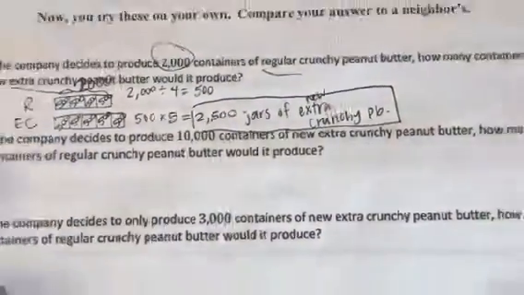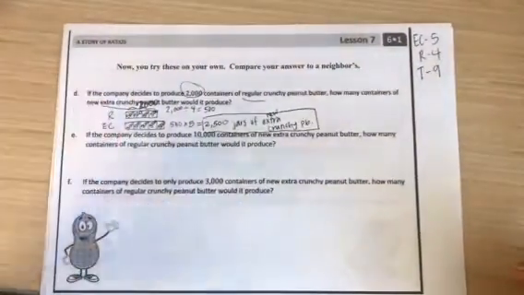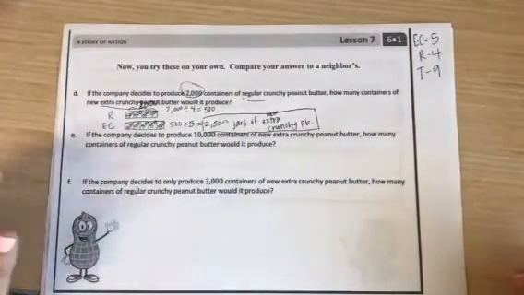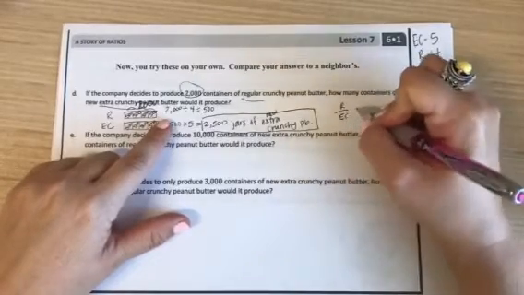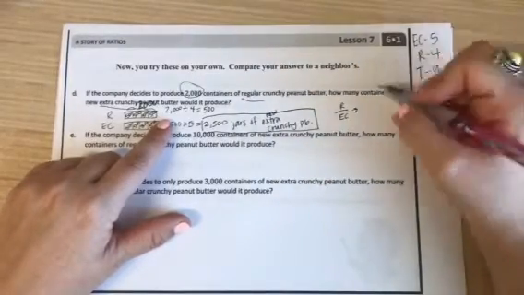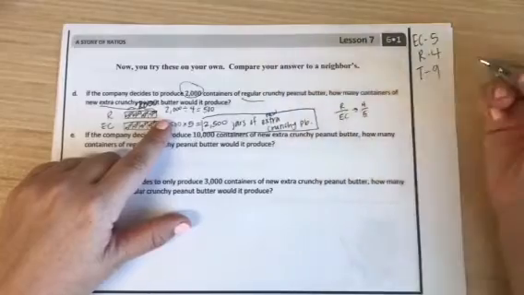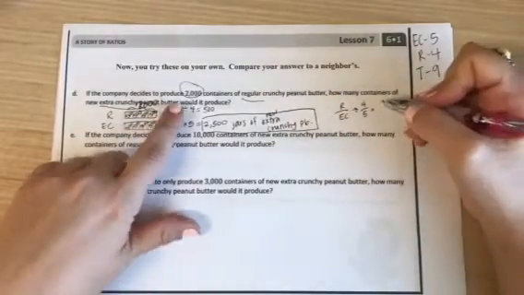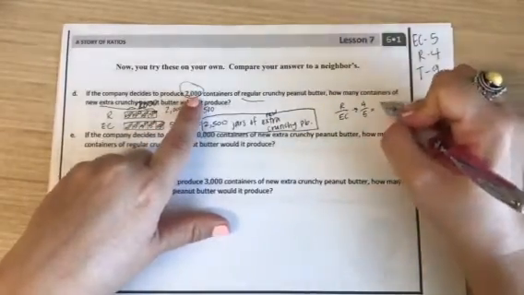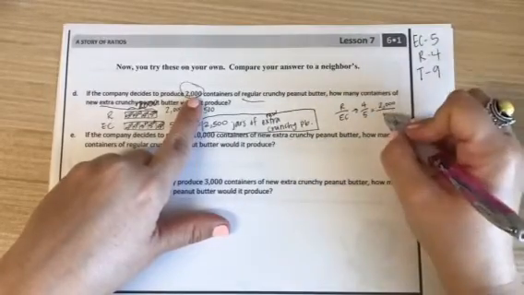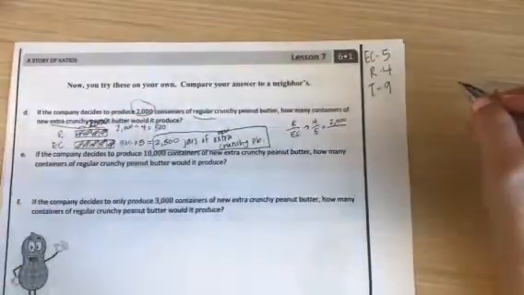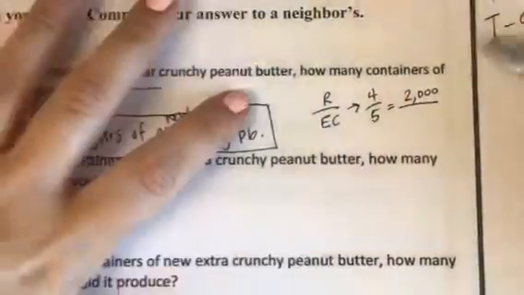Okay, now shortcut, you could have noticed if I'm talking about a ratio of regular to extra crunchy, that would look like 4 over 5 equals, I know 2,000 of them are regular. I just need to know how many are extra crunchy. Okay, and this is just a shortcut, guys.